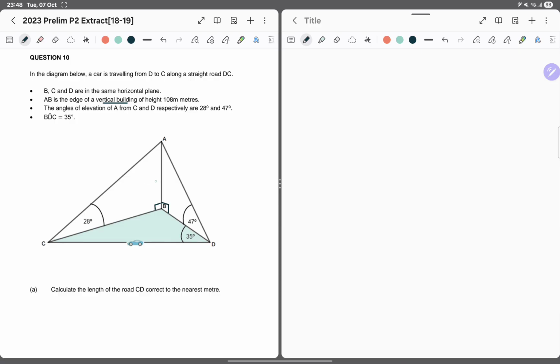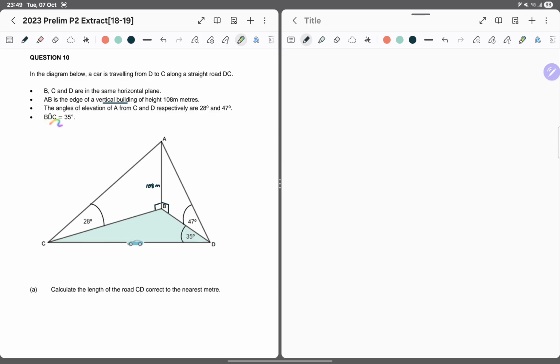So this is a height of 108 meters. Now the angles of elevation of A from C and D respectively are 28 degrees and 47 degrees. These are already indicated, so we can see them nicely.